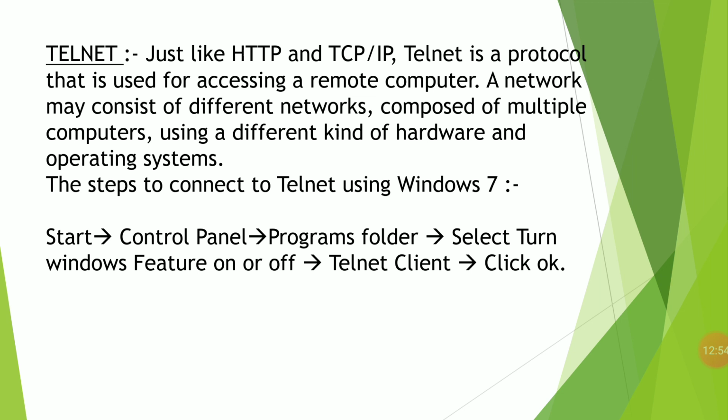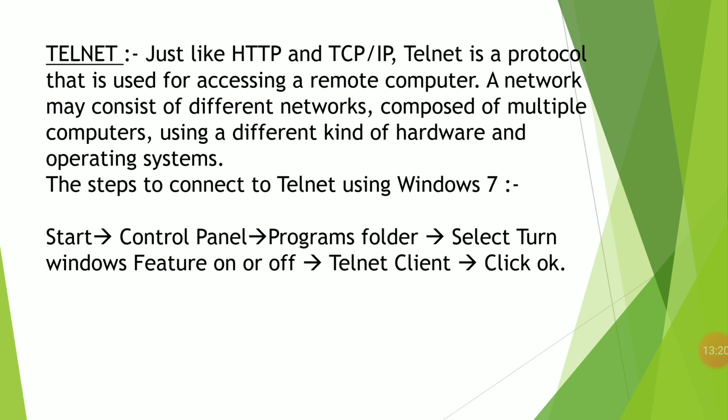If you want to configure Telnet on your machine, you need to follow a few steps. Firstly, click on the Start button, then go to Control Panel. From Control Panel, click on the Programs folder. Next, select Turn Windows features on or off. When you click on the Programs folder, you may get this option.